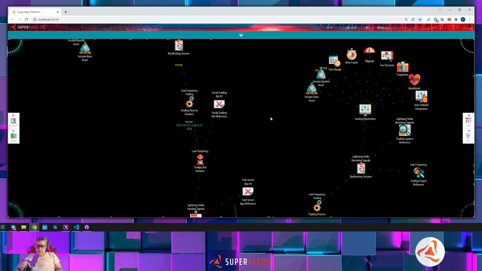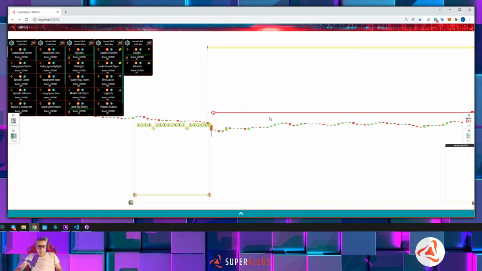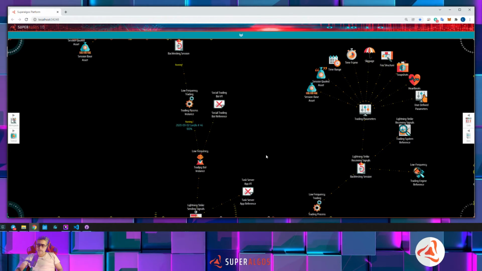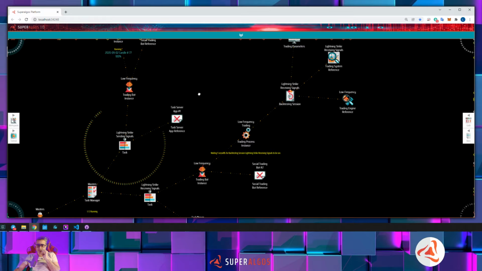And let it run for a while. I wonder how many candles are here. 1, 2, 3. Times 10, maybe 20 candles. 25. Okay.